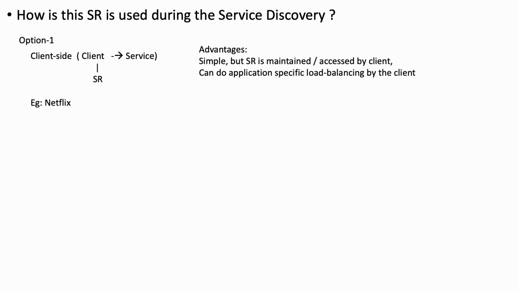And one more advantage is, since the client is making the call directly to the service instance, assume that you have 3 instances of a particular microservice. The client can get the IP address of instance 1, instance 2, or instance 3, and it can send to any of the instances according to whatever need the client has. All 3 instances will give the functionality, but the client decides which instance it is calling.